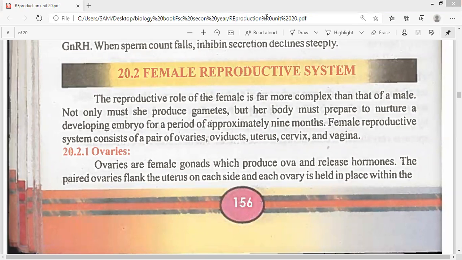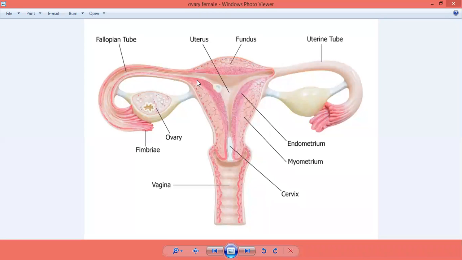Let me share a screen with you. That is also a very interesting topic. And here you can see the human female ovary, that consists of the uterine tube, or it is also called the fallopian tube.